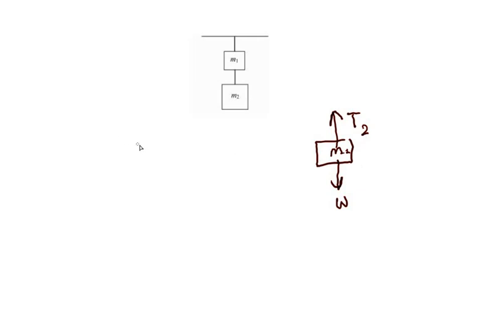And here, on mass 1, we have the weight down, and also we have another force, the tension in this part of the string. So we have two forces in the same direction, and it's again T2, and we have T1 upward because of the string here. This is T1.